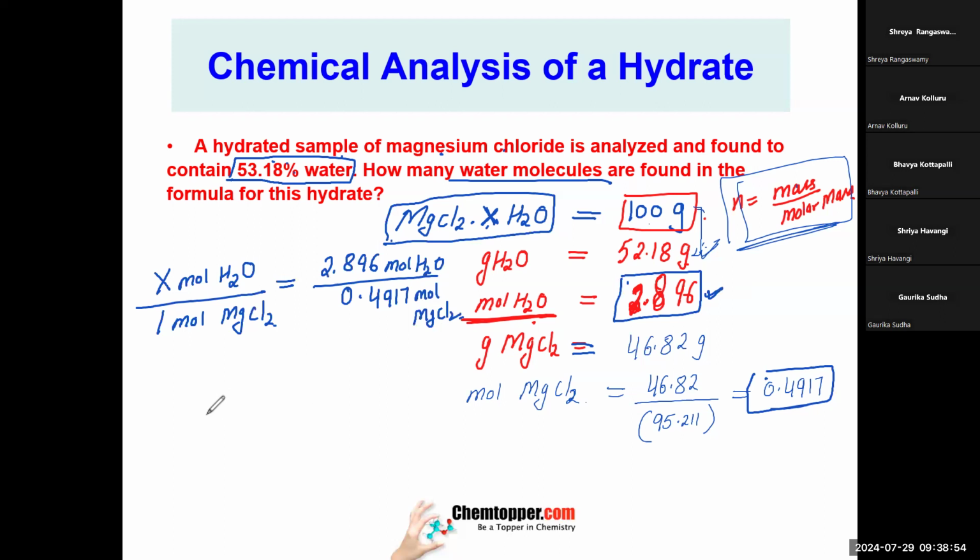Gorika, you're with us? Gorika. Okay. You're understanding this ratio? Children, all of you are understanding? Because the formula is telling me the ratio of the moles of water to MgCl2. I already know the moles of water and the moles of MgCl2 in my sample, 100 grams of sample. So I'm taking that ratio.